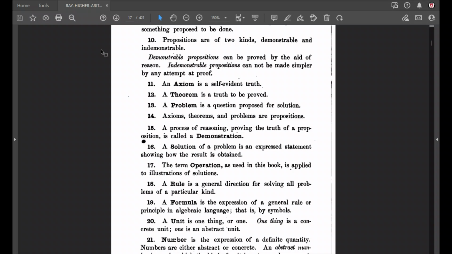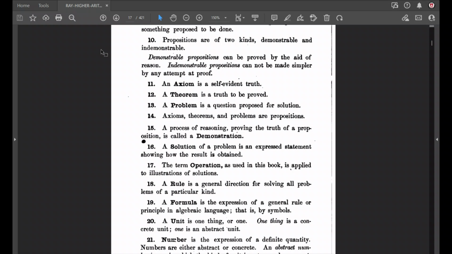Okay? I could write that in a sentence and express it as a statement. I could write it out as a rule like this. To find the velocity, divide the distance traveled by the time traveled.